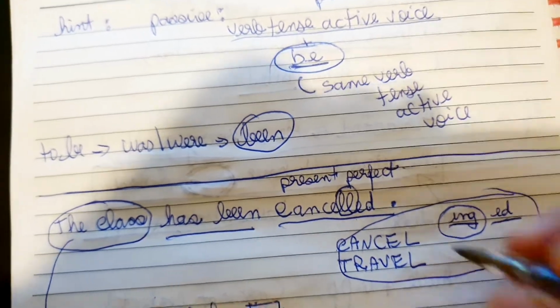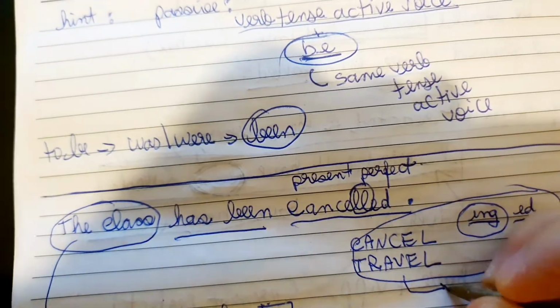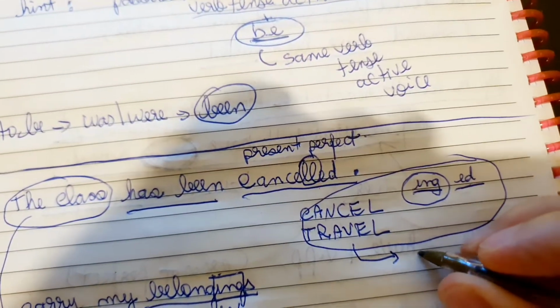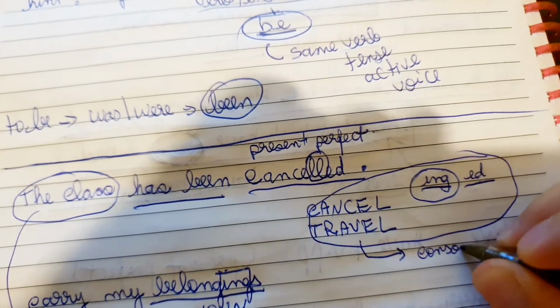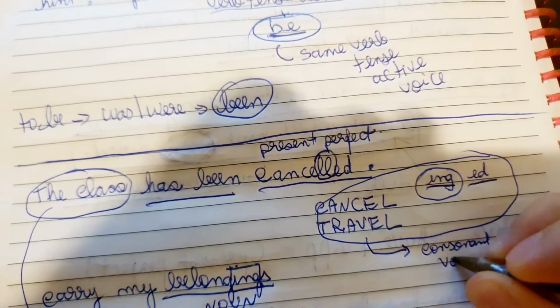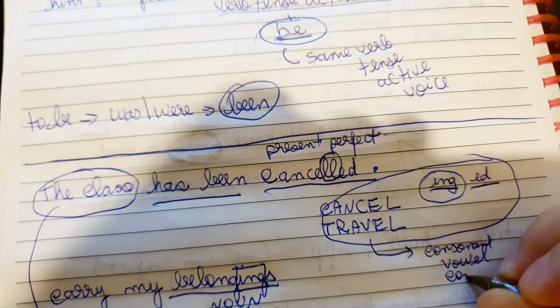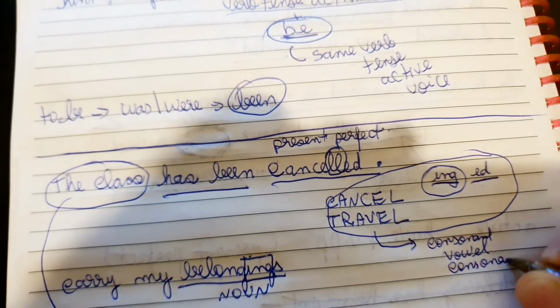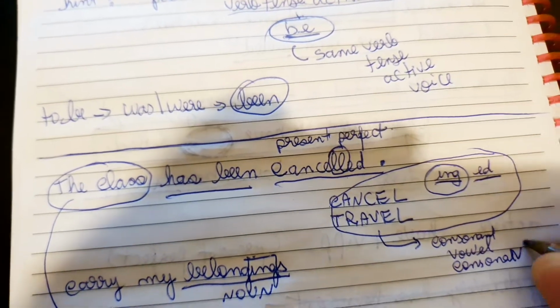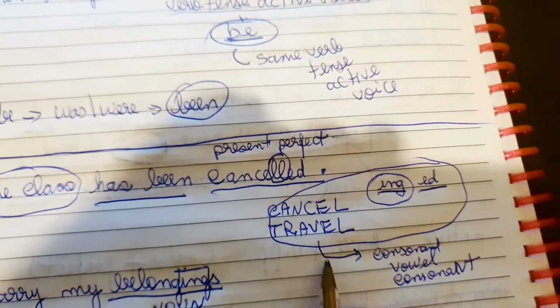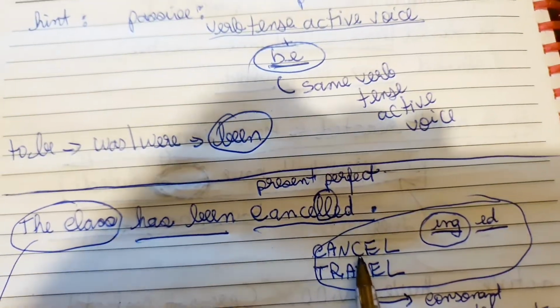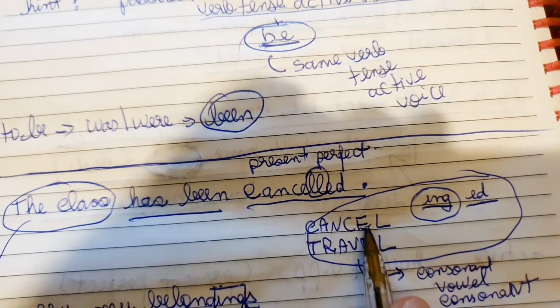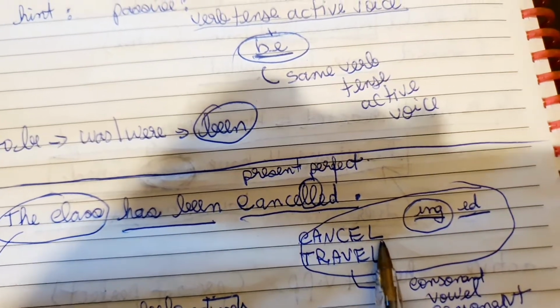When you have a sequence in a verb that involves consonant, vowel, and consonant, in the last syllable of the word, you have C is a consonant, E is a vowel, L is a consonant.